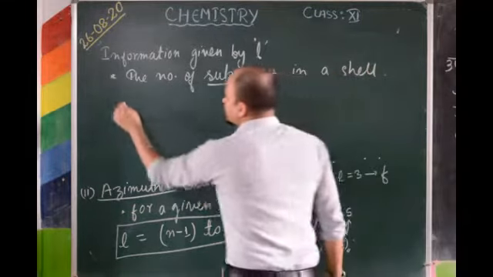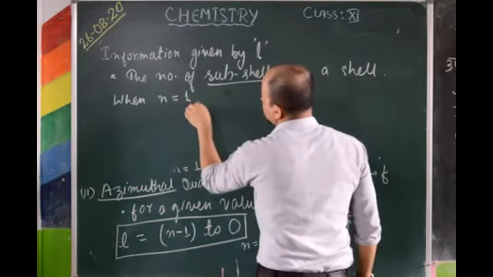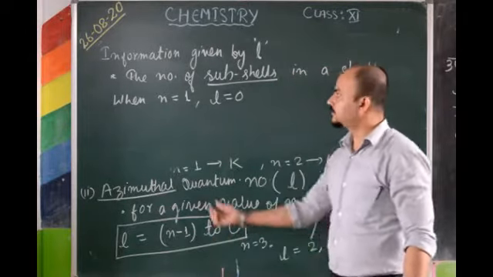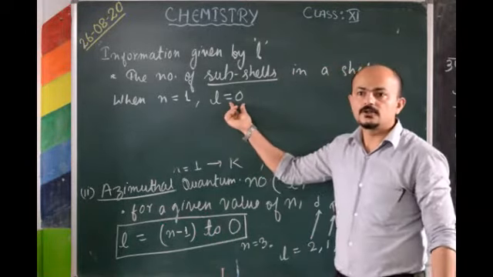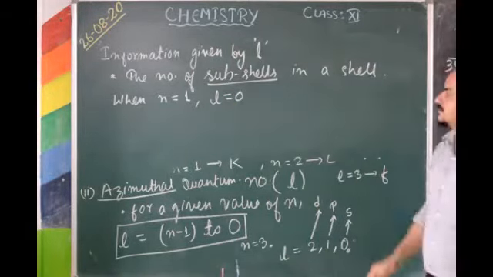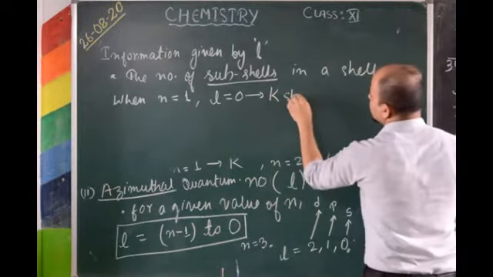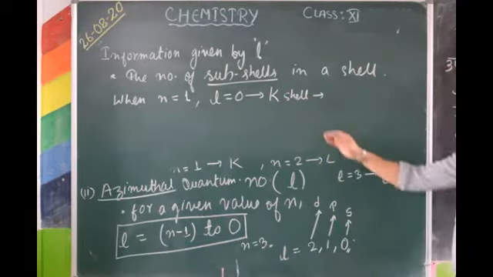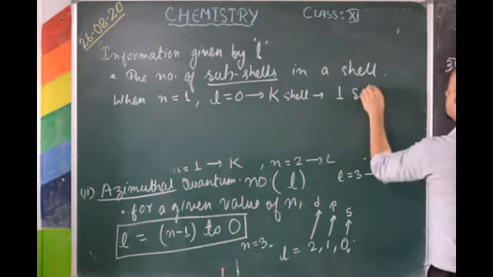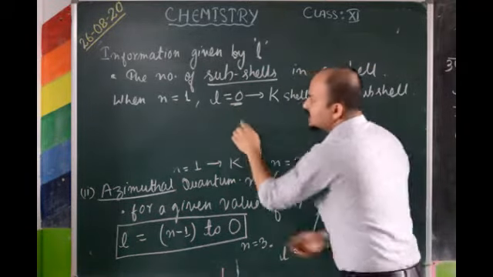So whenever n equals 1, the value of L could be 0, because it goes from n minus 1 to 0. Therefore n minus 1 is 1 minus 1, which is 0. Now this shows us that this K shell consists of only one subshell. Why one subshell? Because there is only one value of L in this case.